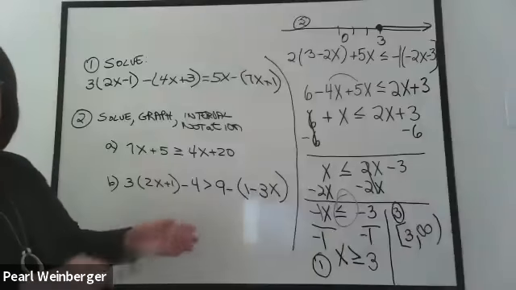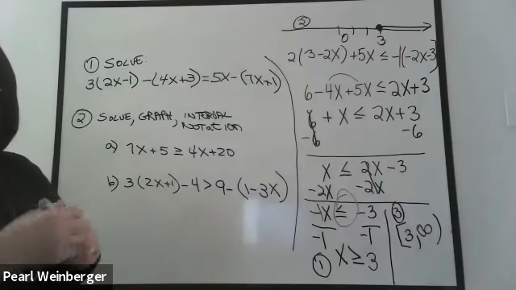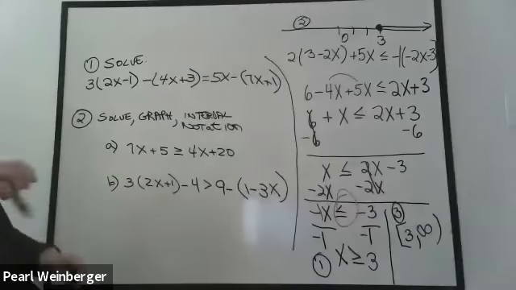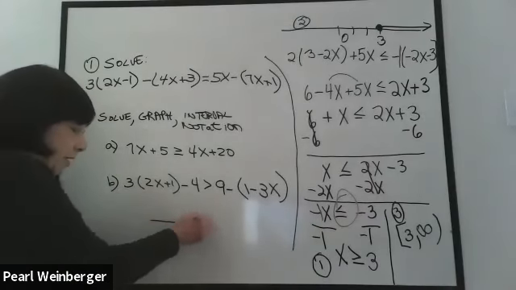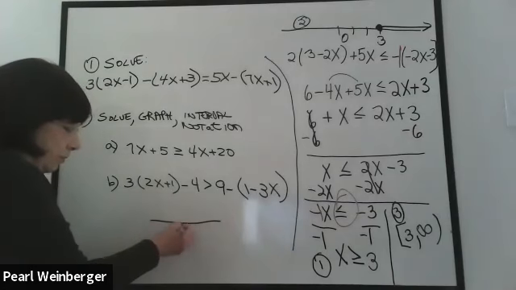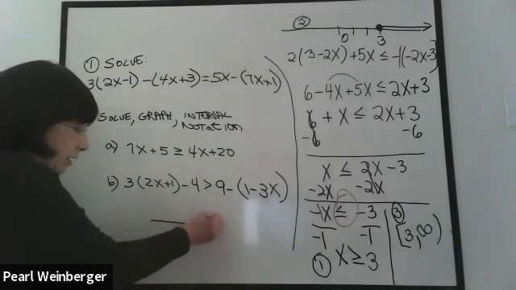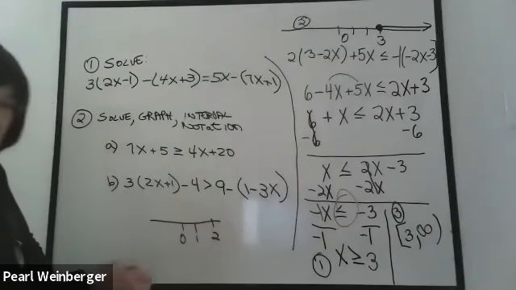Could you prove why that is? Sure. Do you want me to show you why? Yes, please. I'll give you why, but this is enrichment, okay? Everybody can listen. Look at this number line. Let's say I have here a 1 and here a 2.